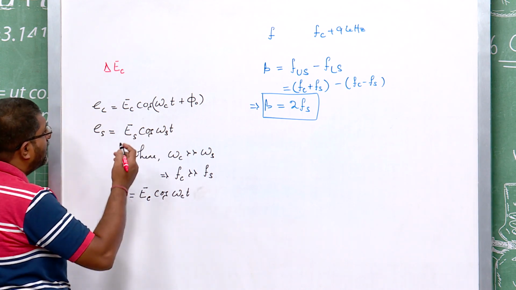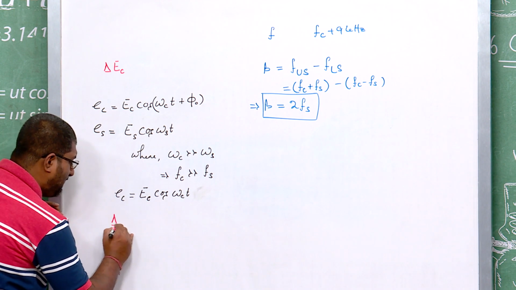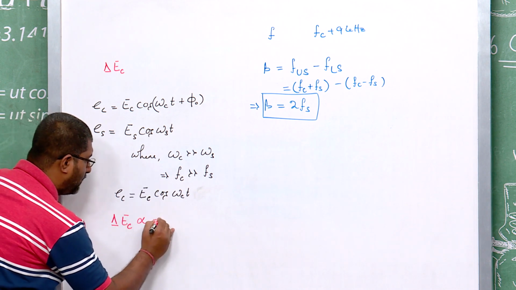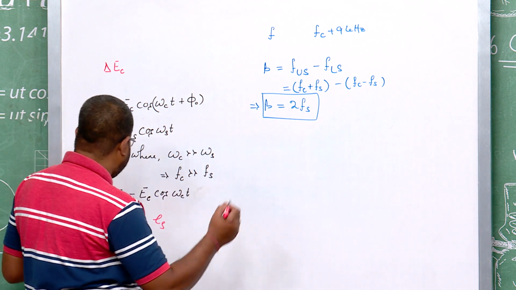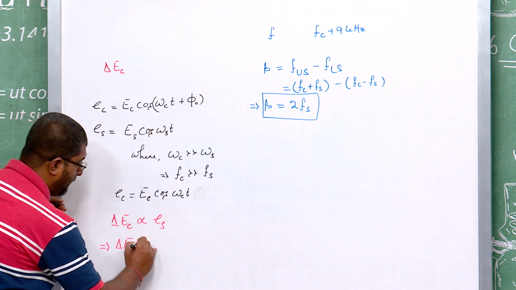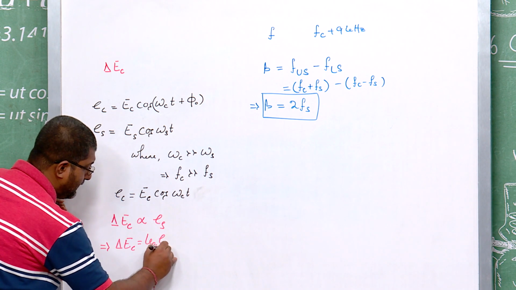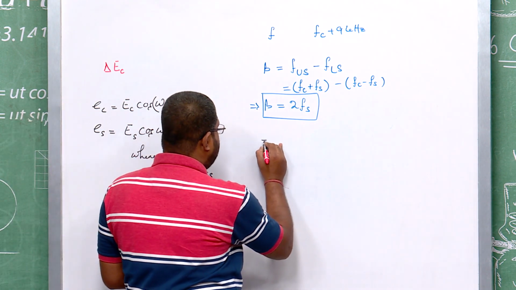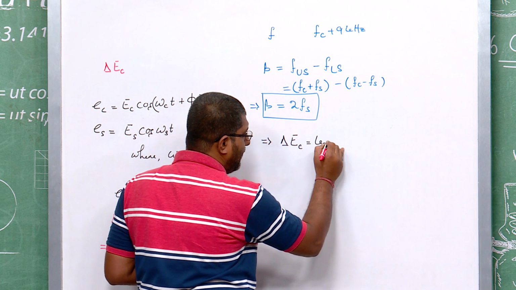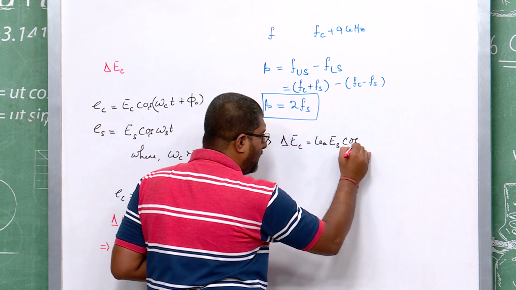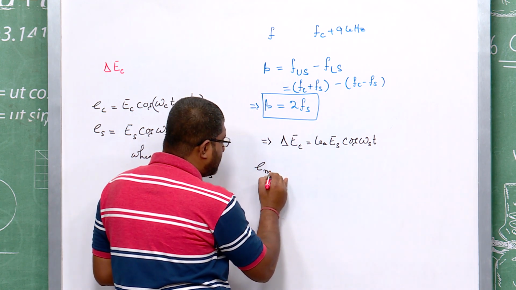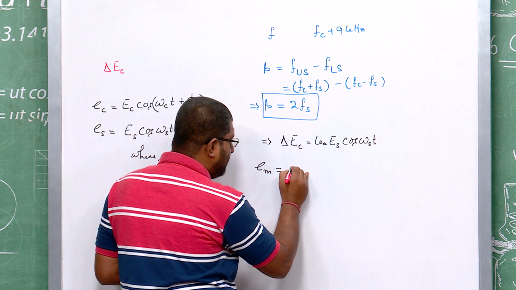Now, amplitude modulation says that the change in amplitude of a carrier wave is proportional to Es. So, I can write delta Ec equal to some constant Ka Es. That implies delta Ec equals Ka Es cos omega s t.